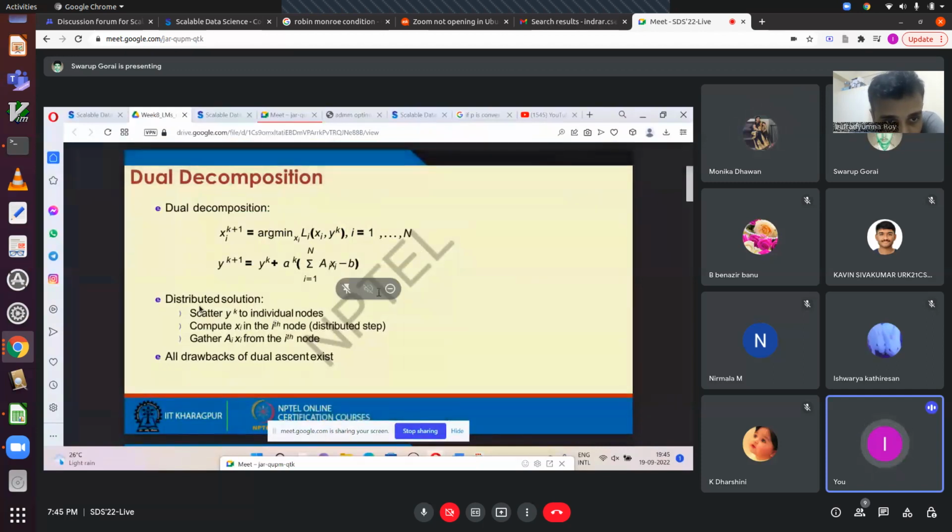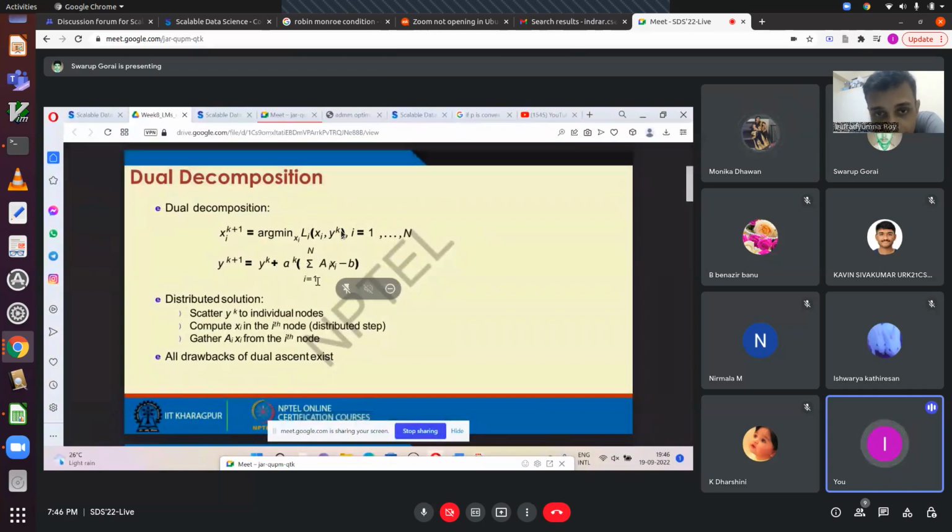Here, the distributed solution is summarized. You scatter the yk to the individual nodes. The yk term is required for all xi; in the first line, the yk is there for all the i's.